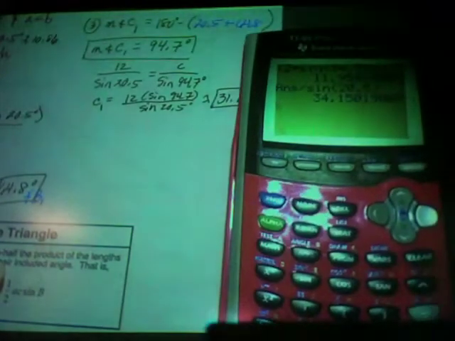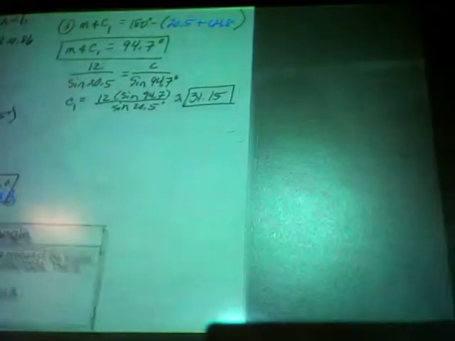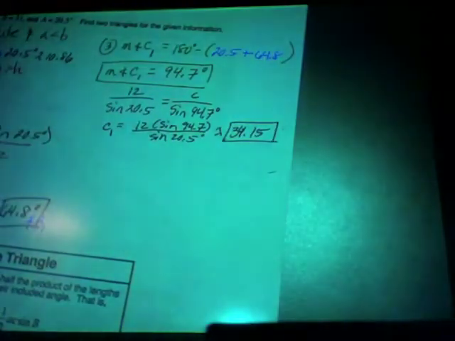I got 34. Watch your parentheses. You got 34. Oh, oops, yeah, sorry, I did. I just wrote it right down. You're right, it's 34.15. Just checking your eyes. Sorry. You thought you were crazy then, right?